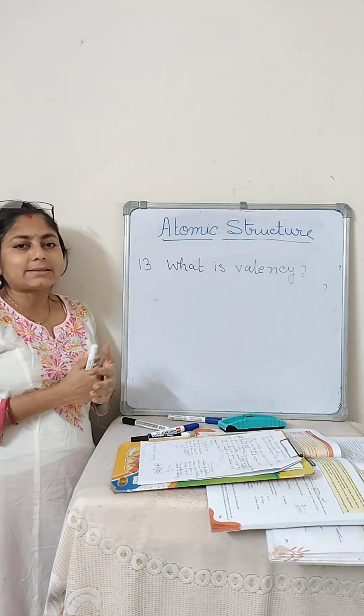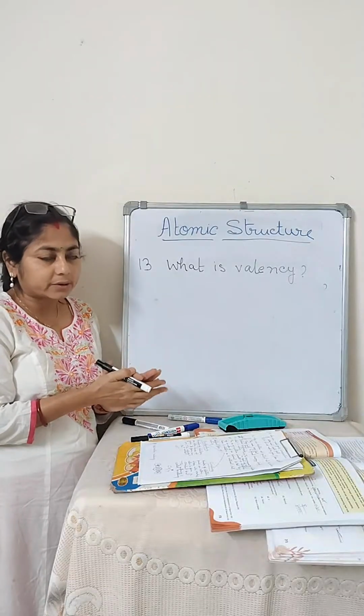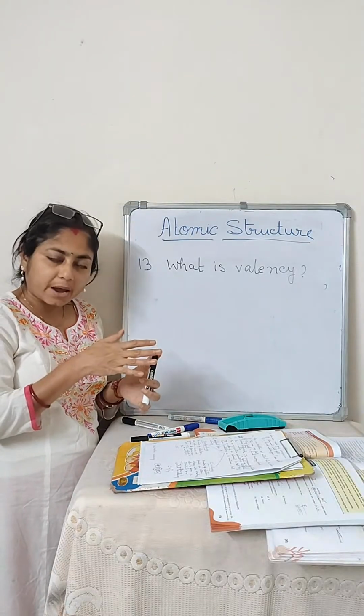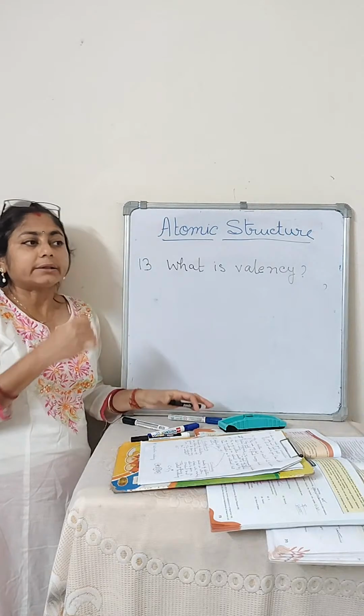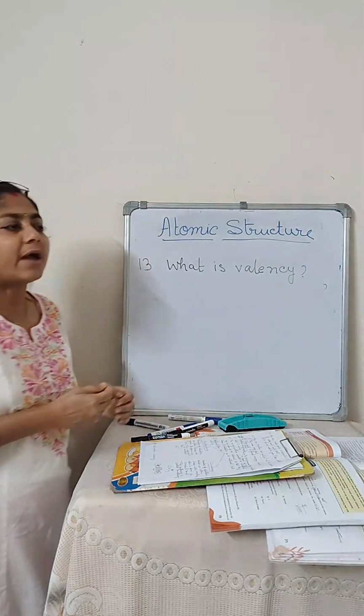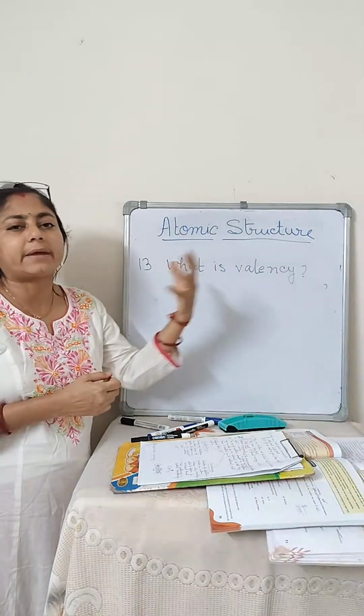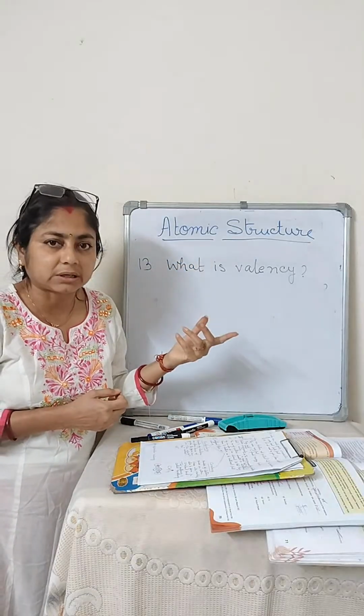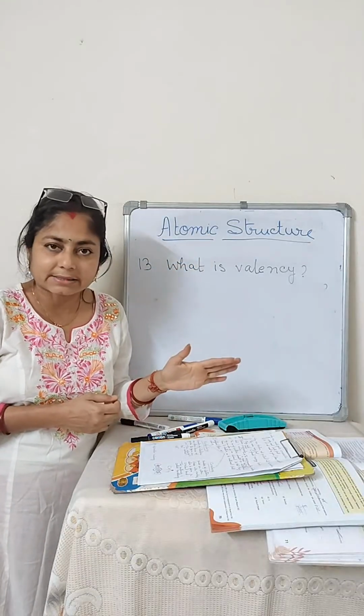In that case, the atom changes into an ion. It means it is a positive ion or a negative ion. Then what is the valency? Valency means the joining capacity of one atom with another atom is called the valency.